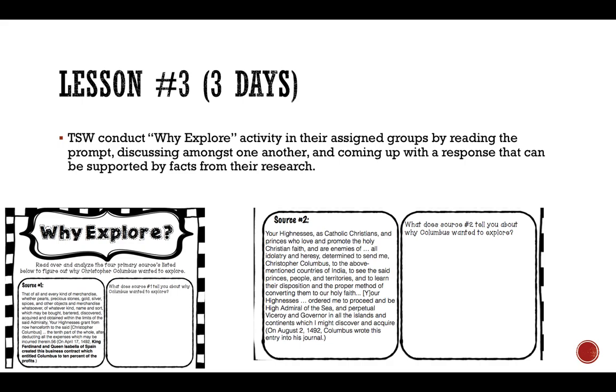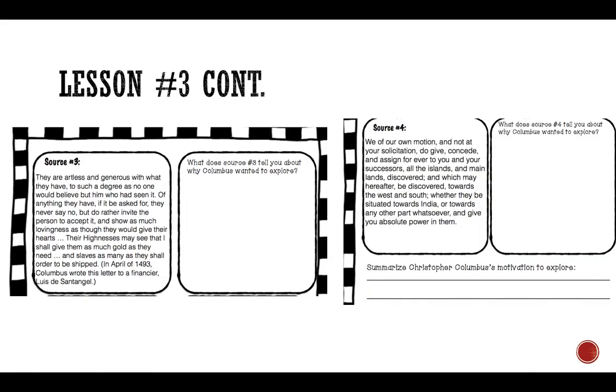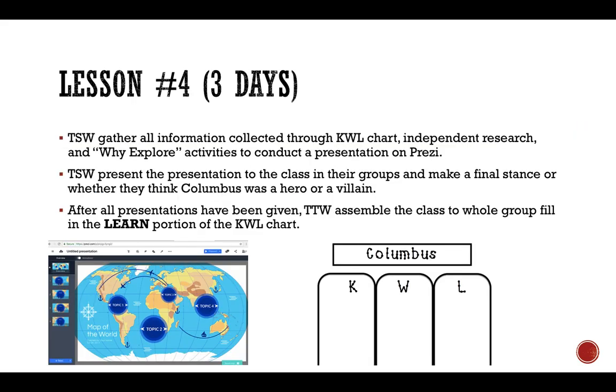So, they'll be looking at these sources, reading them, and then answering it to hopefully give them some concrete things that they can put into their presentation. It's 4 sources, and then at the end they can summarize what they thought the motivation to explore was. Was it for good purposes, or was there something more sinister at play?